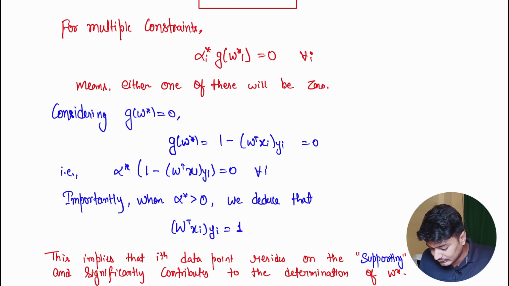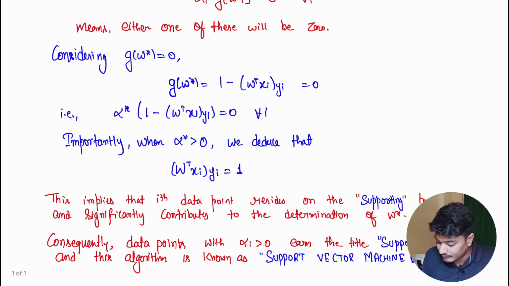That is equivalent to saying g of w star, which is this function, equals 0. That is alpha star times 1 minus w transpose this equals 0. Importantly, when alpha is greater than 0, we deduce that w transpose xi yi is equal to 1. If alpha star is greater than 0, we get this.